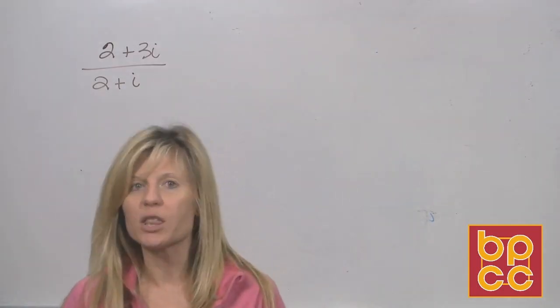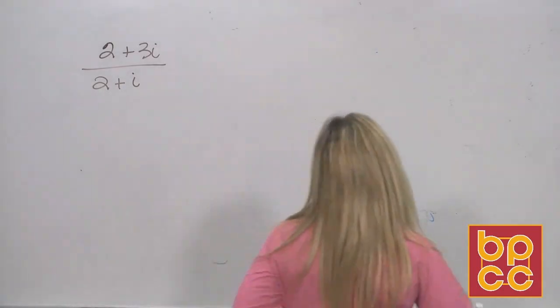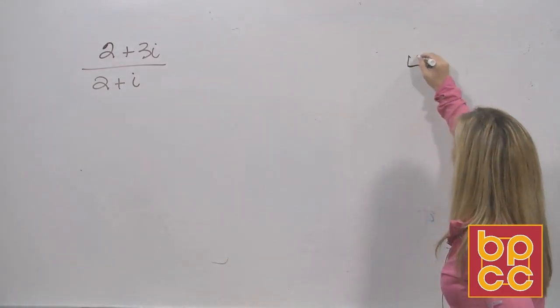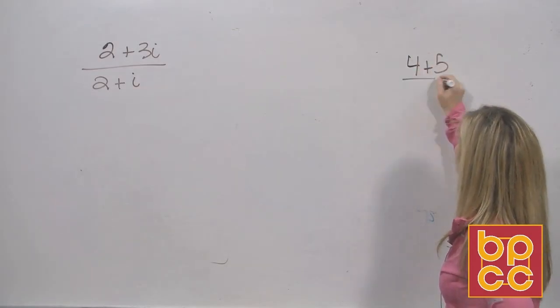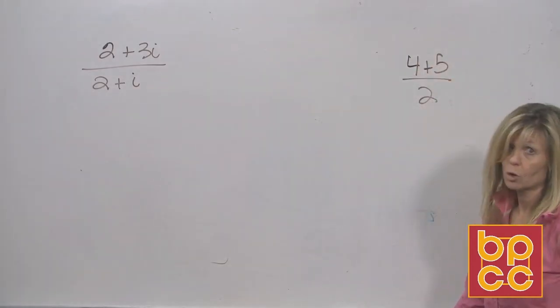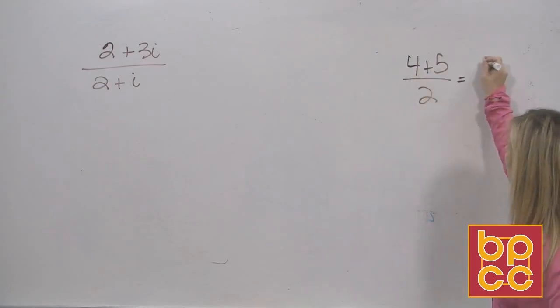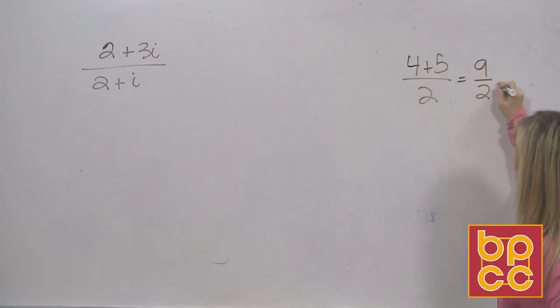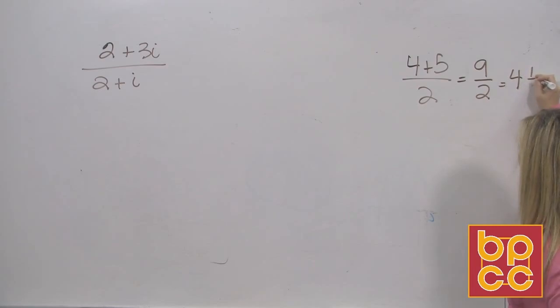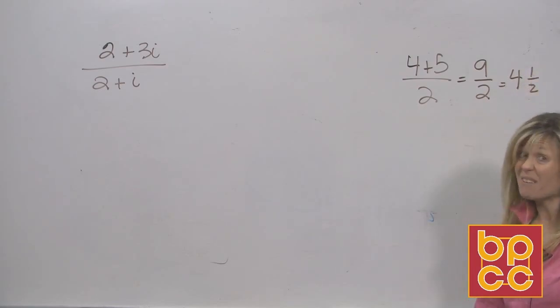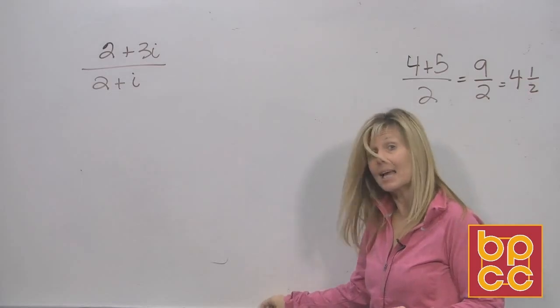It comes from arithmetic. If I came over here and I said, do 4 plus 5 divided by 2. Go back to arithmetic. Well, we know 4 plus 5 is 9. 9 divided by 2 would be 4.5. So look at me. If you decided to divide first, you would not get the same answer.